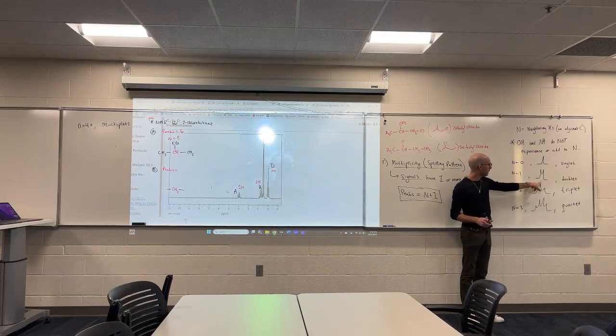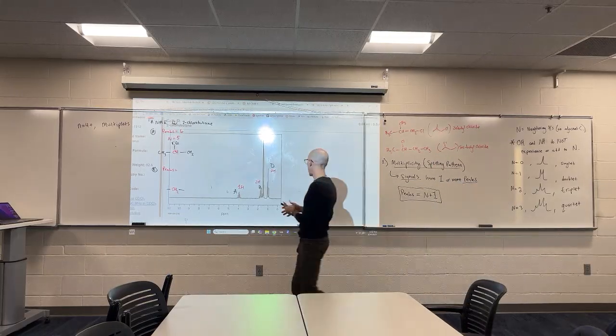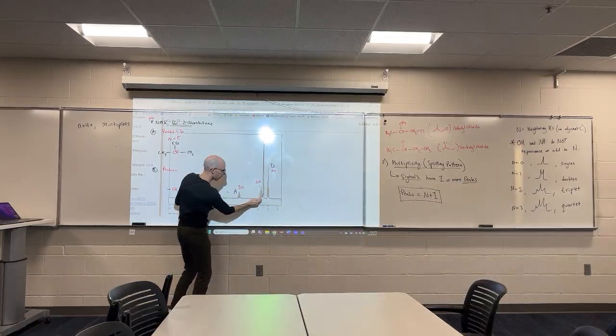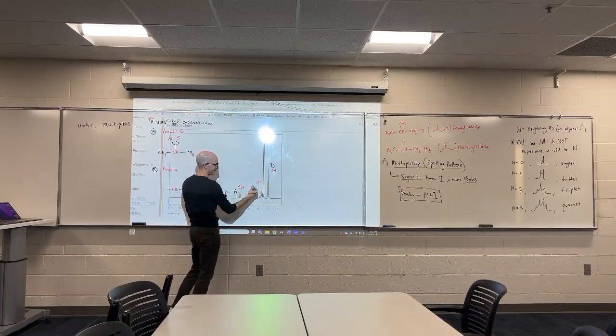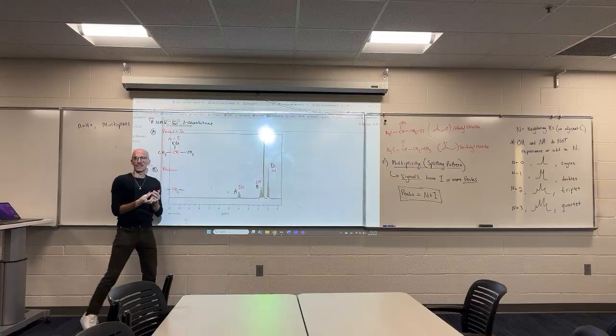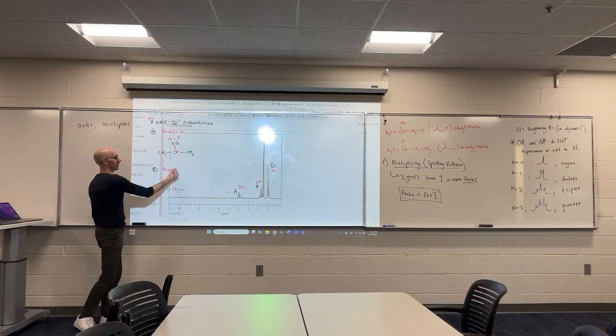Just like how 3 peaks, the center is the tallest and then the others are even. And I think I see that here. It looks like this center peak is the tallest. These other 2 aren't evenly aligned. That's what you get with experimental data, that hand waviness. So it looks like I've got 5 peaks.